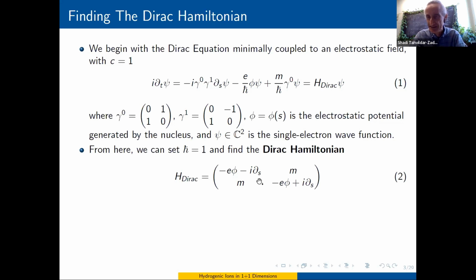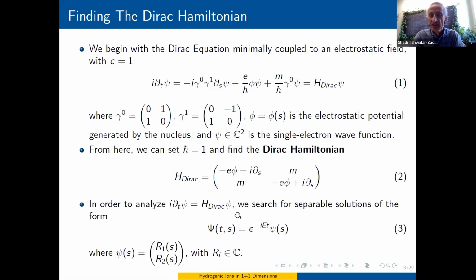For example, here is the d by ds. So this is an operator-valued matrix, and one has to be slightly more careful about how to define the eigenvalues for this object. This is something that you will see when you take a course in functional analysis, for example.